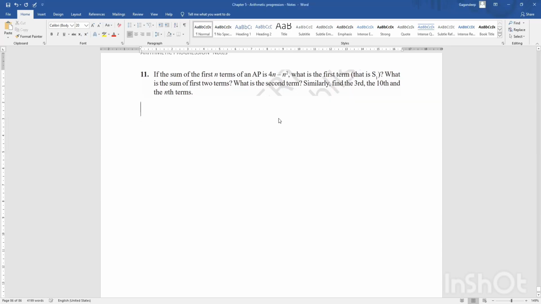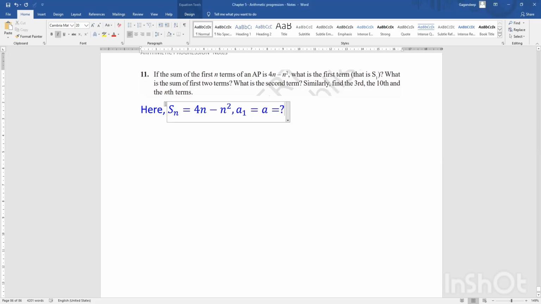Now here in this we are given Sn equals 4n minus n square, and I need to find out the first term. So that means a1 I need to find out. A1 is also equal to a.